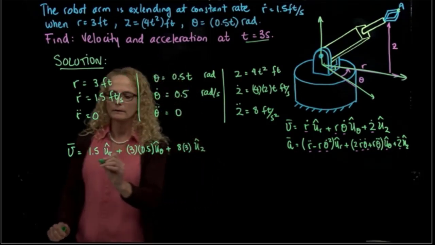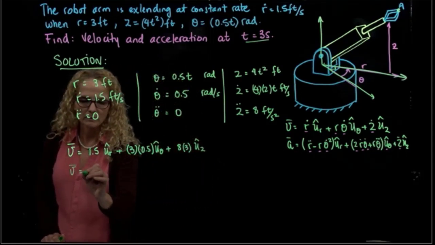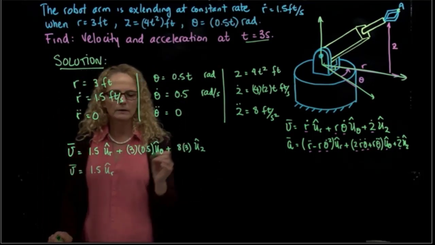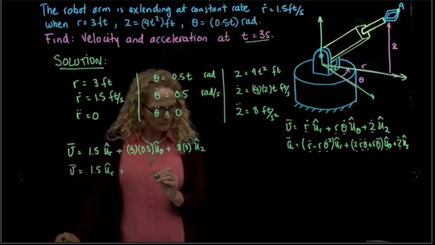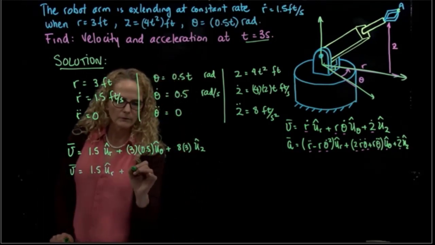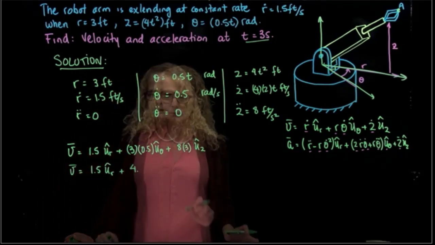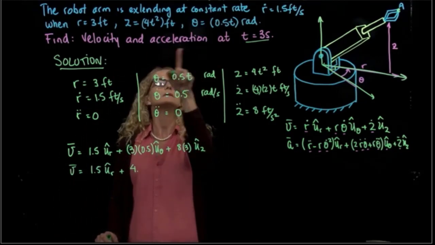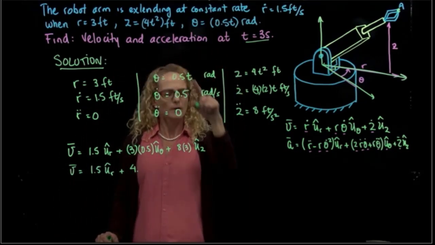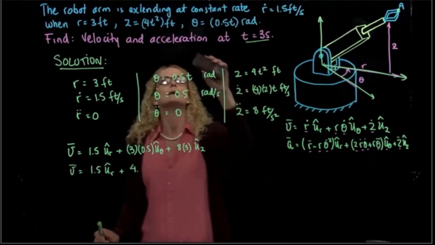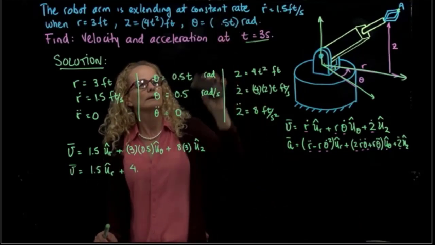Finally, my expression for the velocity is 1.5 in the r direction plus, let me see, I have a mistake here.